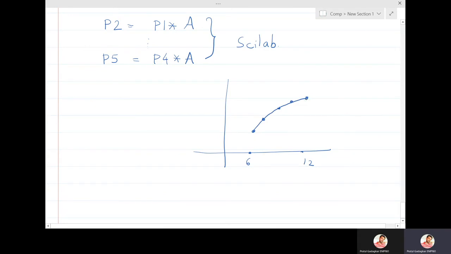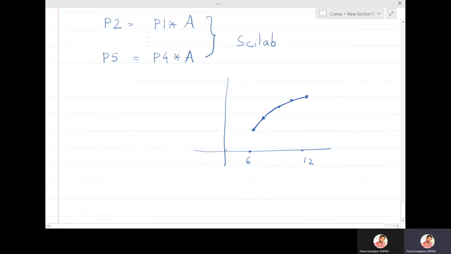Now, when I show you this in GeoGebra, you will observe that these points need not look equidistant. They need not be equidistant. They are uniformly spaced according to the angles, so these angles will be equal. So delta theta is going to remain constant for all of them. Okay, so let us go to Scilab now.